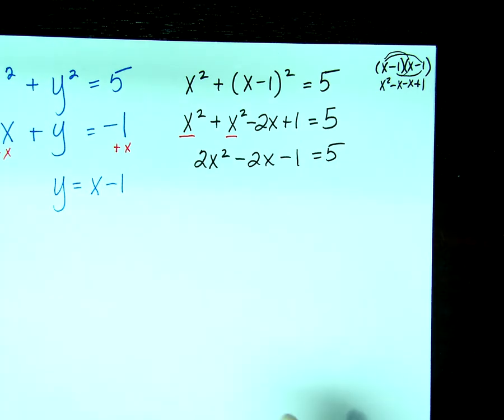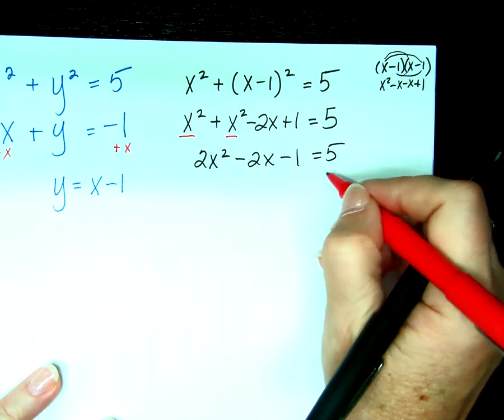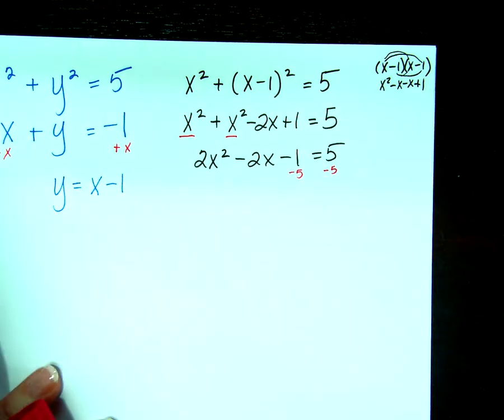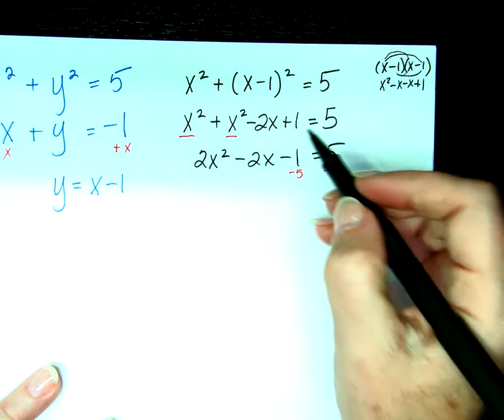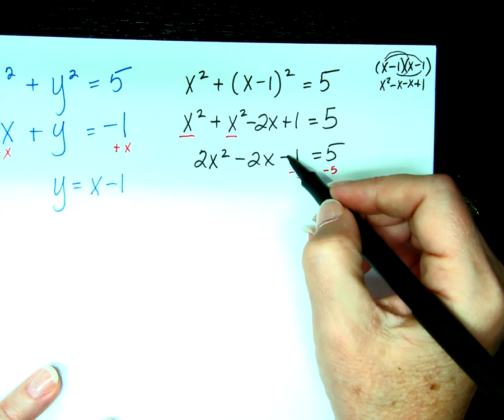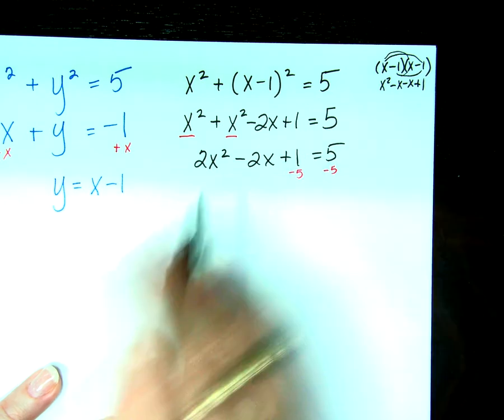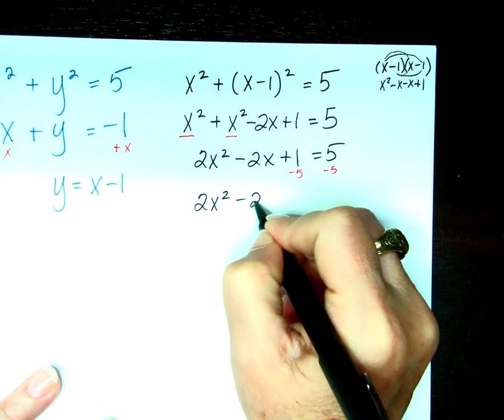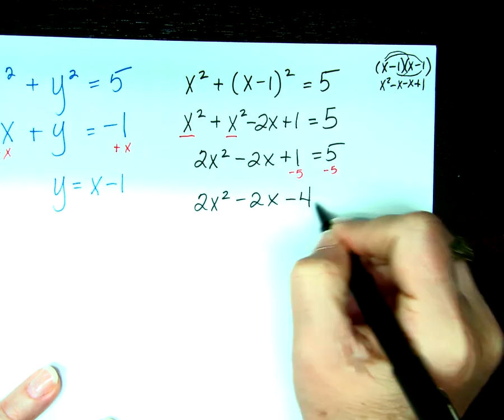But it's a quadratic, so what do I want it to equal? Most likely 0. Can I fix this? See my nemesis again? 2x squared minus 2x minus 4 equals 0.